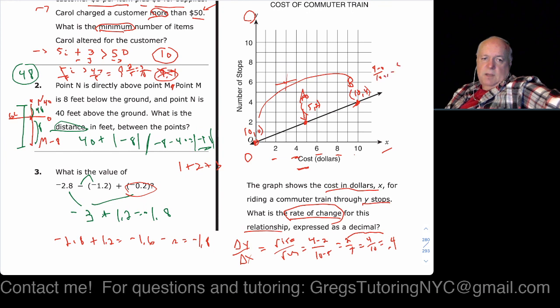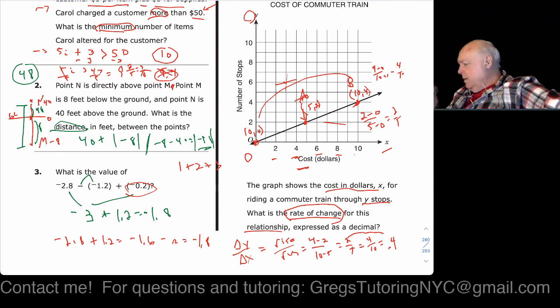And I could also have picked between A and O, and that would have given us 2 minus 0 over 5 minus 0. So we're always getting that 2/5 or 4/10, no matter how we slice this. We could have also just counted. Let me change the color here. Again, we have all these different ways to get that 0.4 out of this.